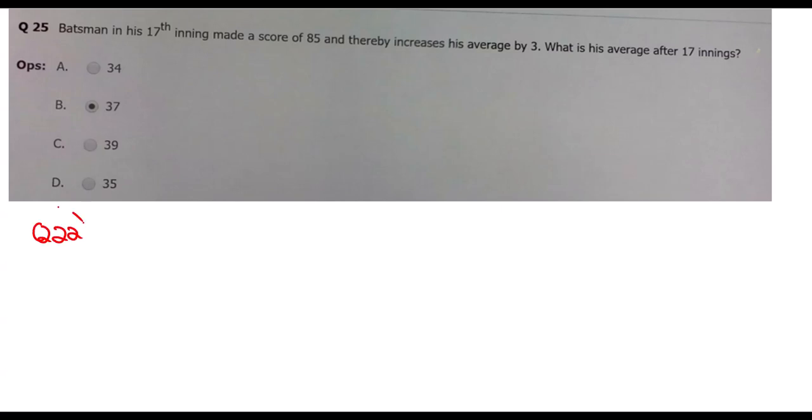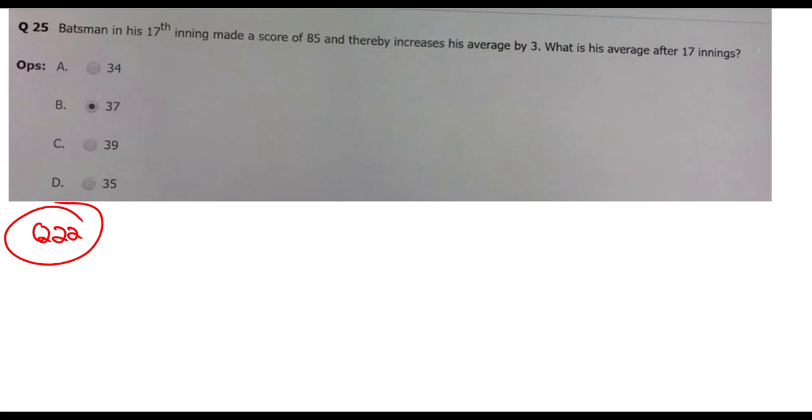Now this is question number 22. Averages question. Here the batsman in his 17th innings made a score of 85, thereby decreasing his average by 3.